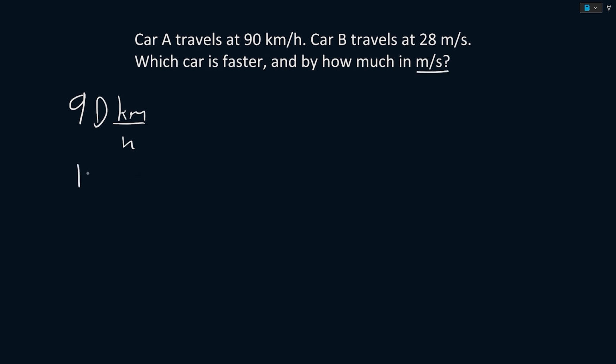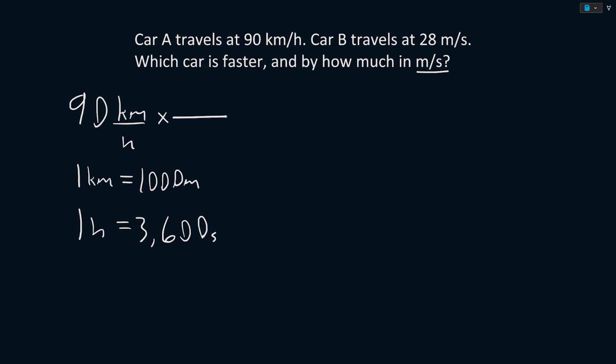We know that 1 kilometer is equal to 1,000 meters, and that 1 hour is equal to 3,600 seconds. So to convert from kilometers an hour to meters per second, we need to first convert our kilometers by multiplying through our conversion factor of 1,000 meters for every 1 kilometer.